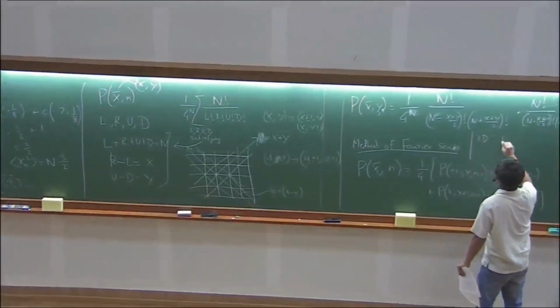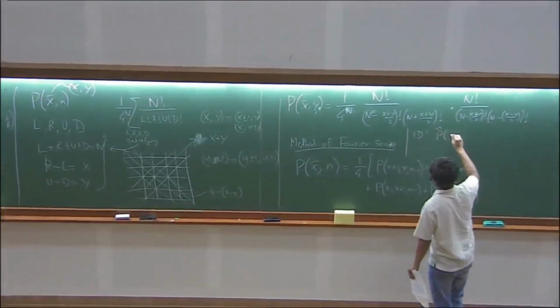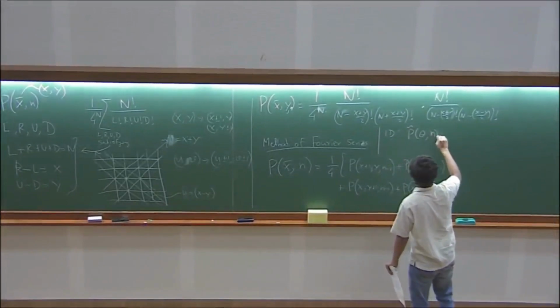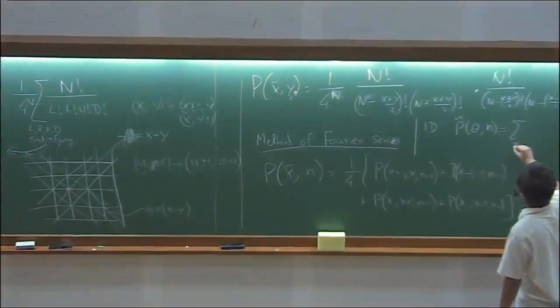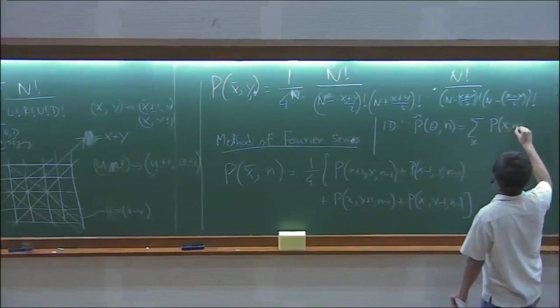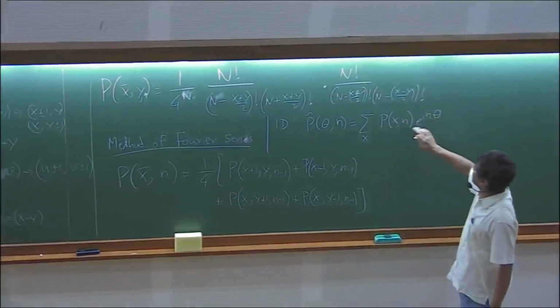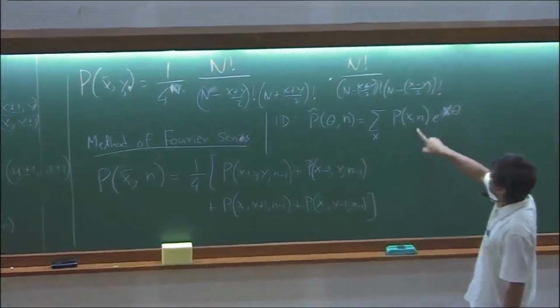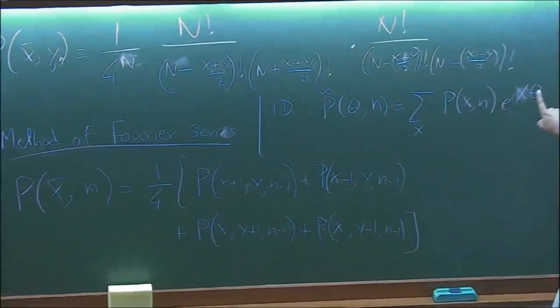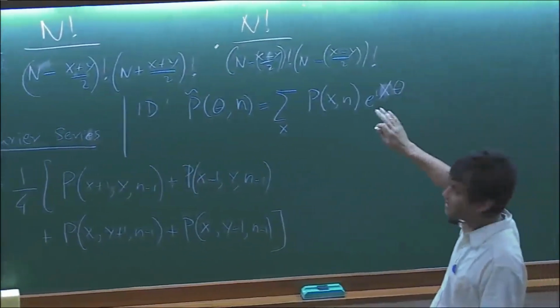In 1D we defined a new variable theta, like a sum over x. So from x we transform to a new variable theta. It's like doing a Fourier transform from x to k.